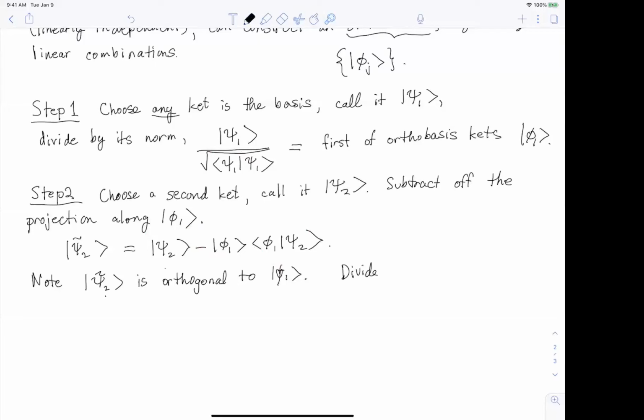All right. So just to continue where we were, we made this psi tilde 2, and the way we constructed it makes it orthogonal to phi 1. And so now we divide by its length, or its norm. And that's going to be our second orthobasis component. Phi 2 is defined to be the psi tilde 2 divided by its norm, which is the square root of its inner product with itself.